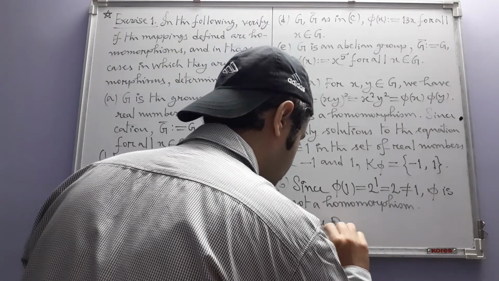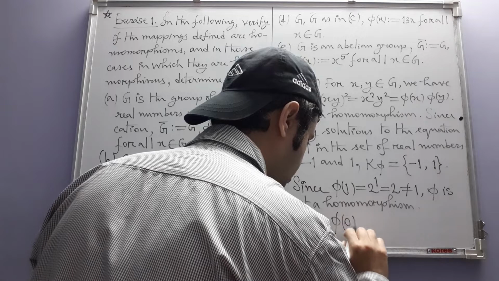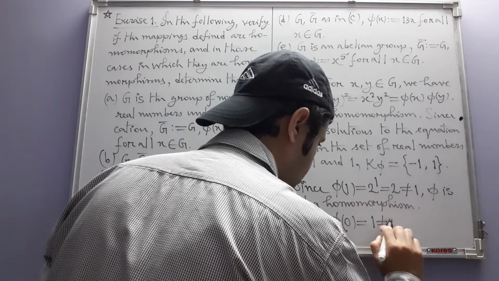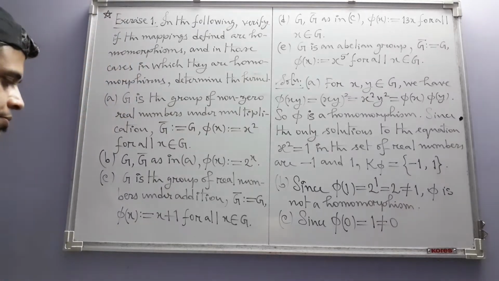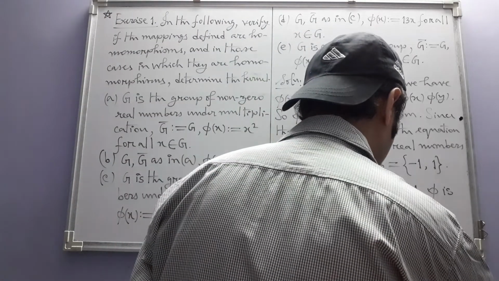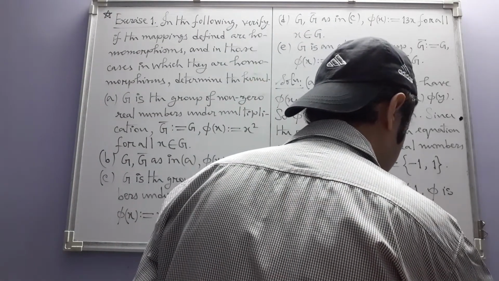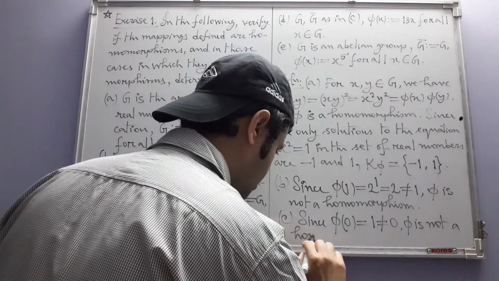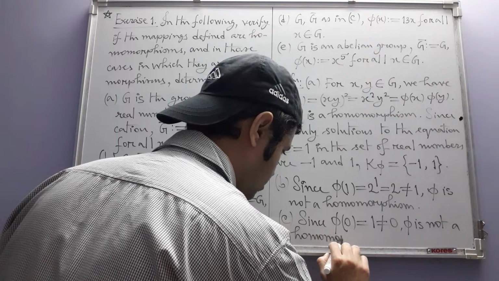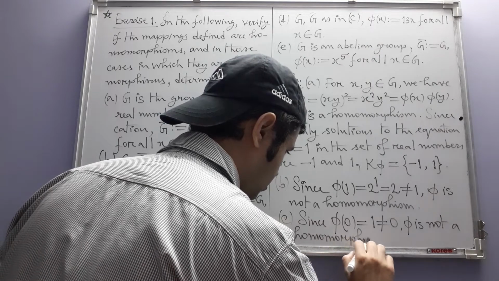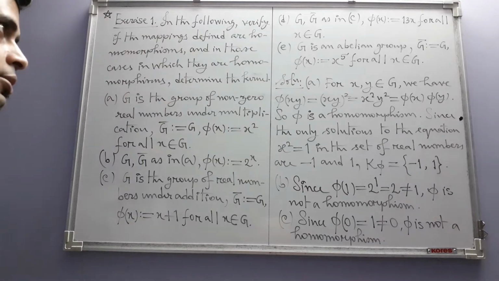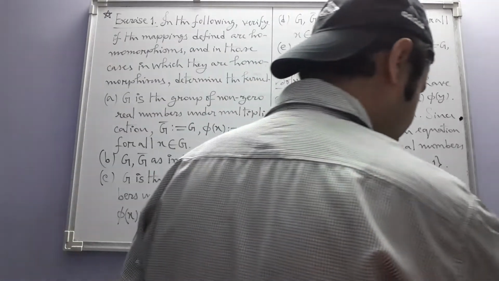Since phi of 0 is equal to 1, which is not equal to 0, phi is not a homomorphism. Okay, so now we come to part D.